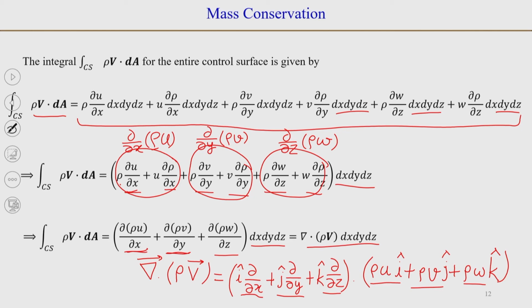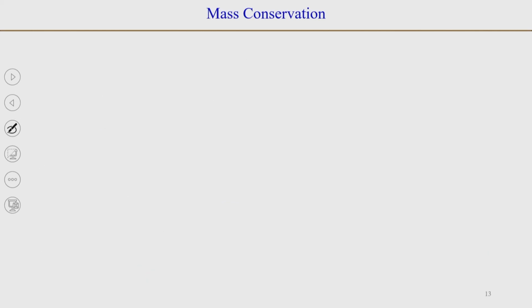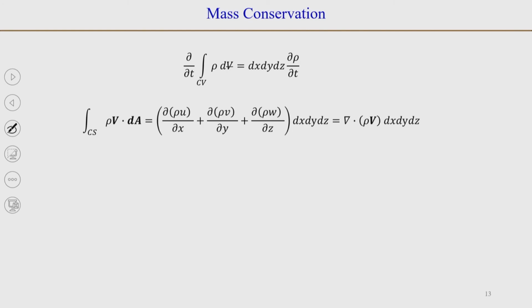Okay. So, we have found the first term and second term and put them together. The first term in the mass conservation equation was the partial derivative with respect to time of the volume integral of ρ dV, and the second term the surface integral over the control surface of ρ v dot dA, and we have simplified.